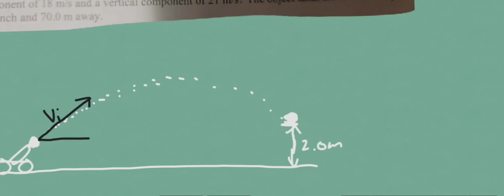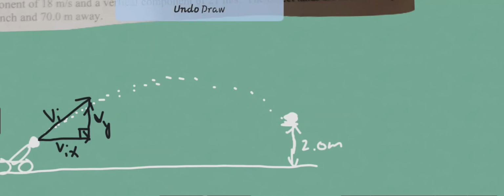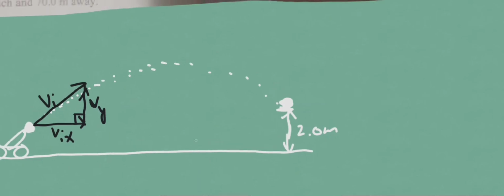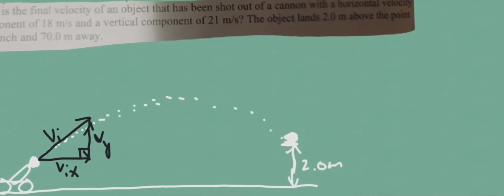That is the initial velocity in the x direction. That is the initial velocity in the y direction. Now it's a vector quantity, so you can write arrows on top. I will leave them out for now, but you can write them. So that's your initial velocity in the y direction.